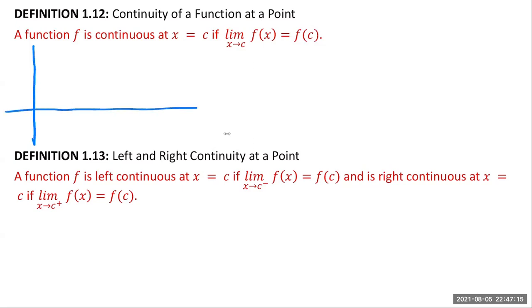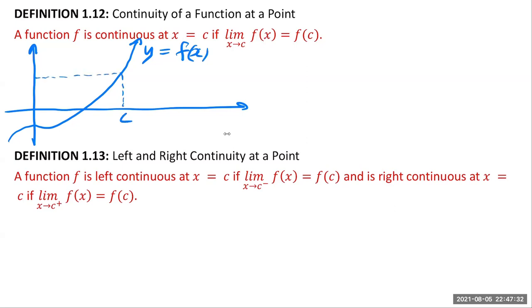Suppose you have a graph of a function f of x like this. This is the graph of y equals f of x. Let's say this is your point c, and this is the value f of c.